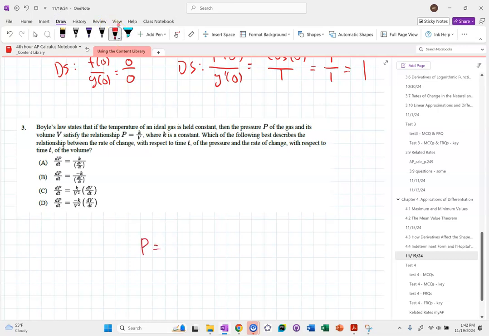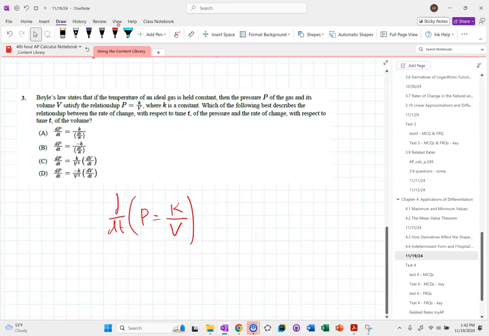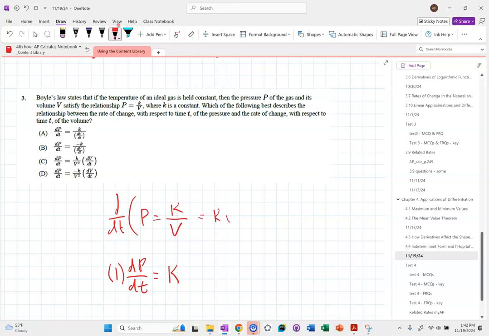So all I'm going to do is just take the derivative with respect to time of both sides. The derivative of P with respect to time is 1 dP/dt. K is a constant, so I can just pull that out. I'm going to think about this as kV to the negative 1.